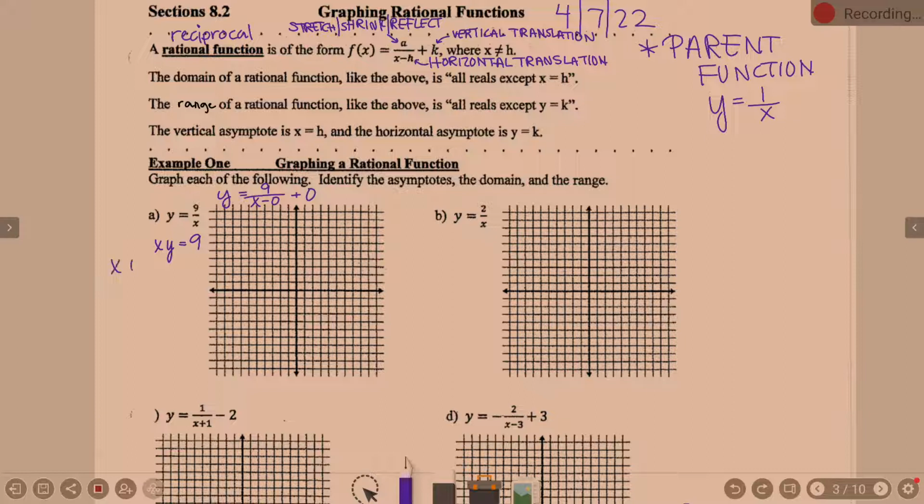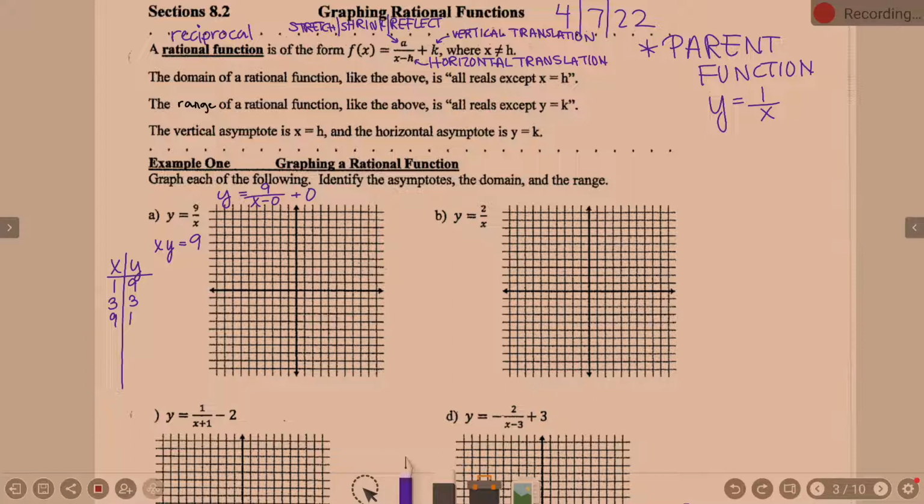So if you will, please, an xy chart, just like yesterday. If x times y equals 9, give me numbers that multiply to be 9. 1 and 9. 3 and 3. 9 and 1.